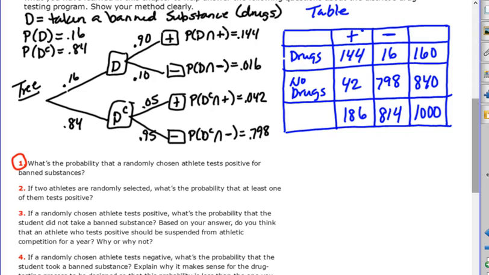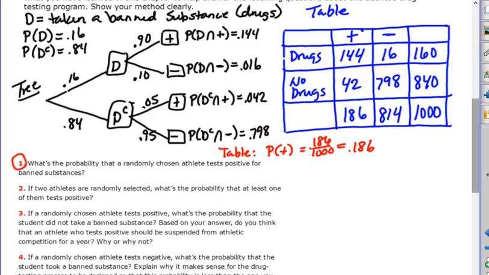What's the probability that a randomly chosen athlete tests positive for a banned substance? Okay, so probability of positive. Well, probability of positive using the table would just be 186 over 1,000, or 0.186.